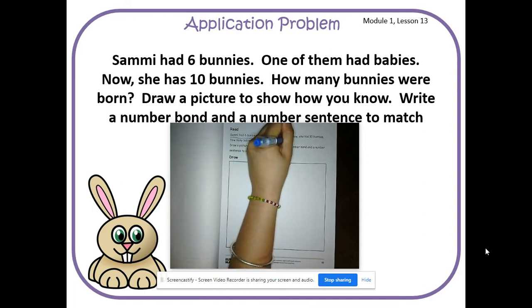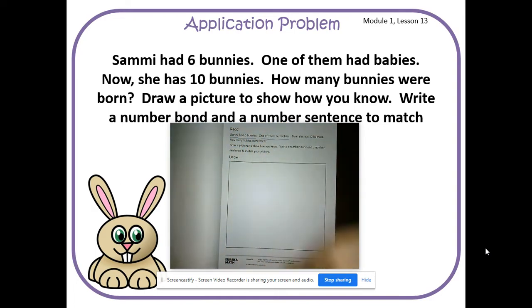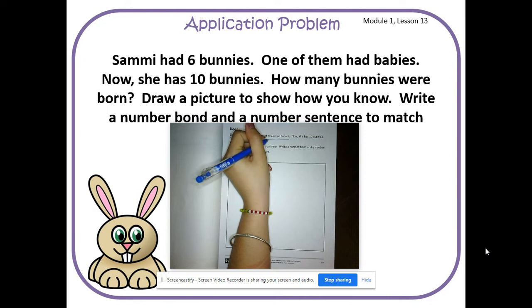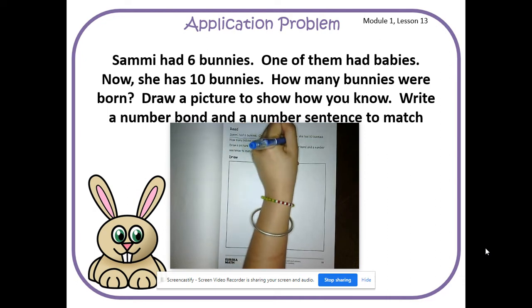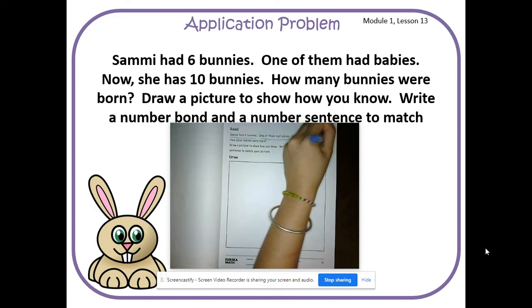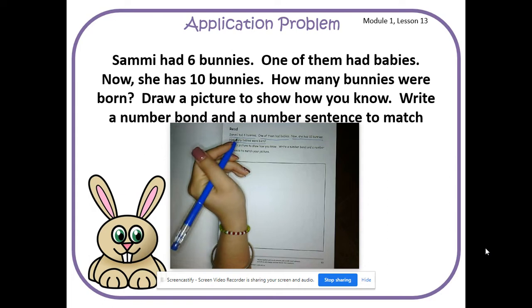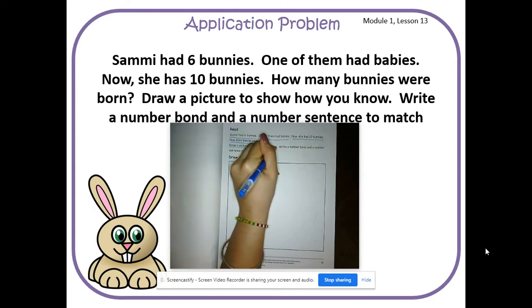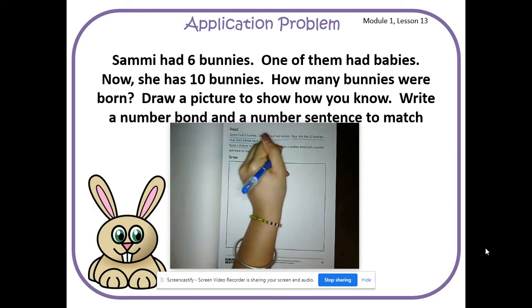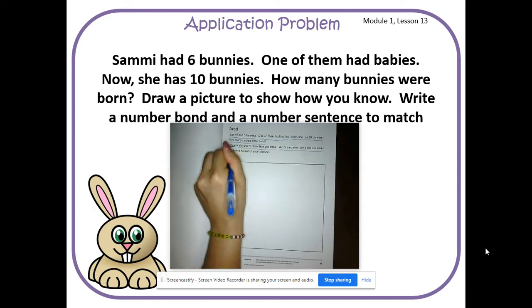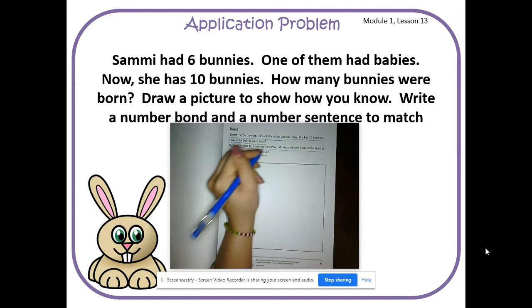One of them had babies. Does it tell us how many babies though? No, right? Let's continue. Now she has 10 bunnies. How many babies were born? Draw a picture to show how you know. Write a number bond and a number sentence to match your picture.